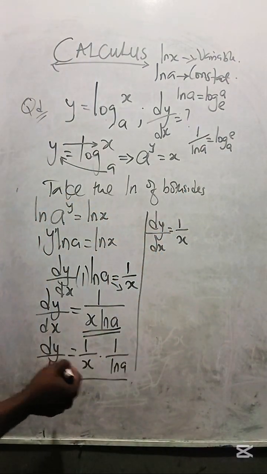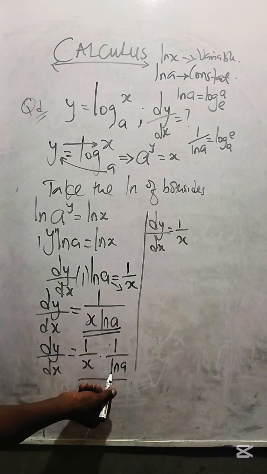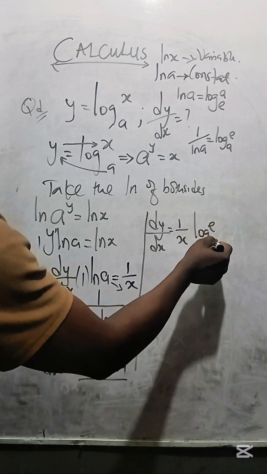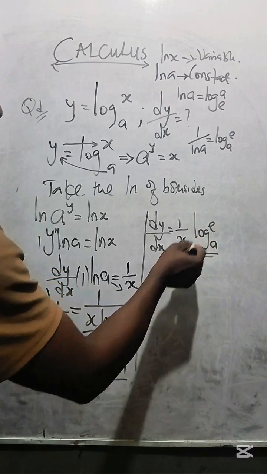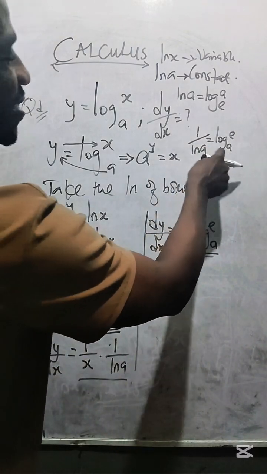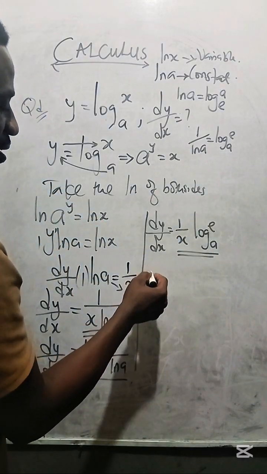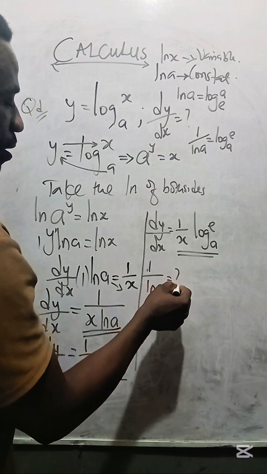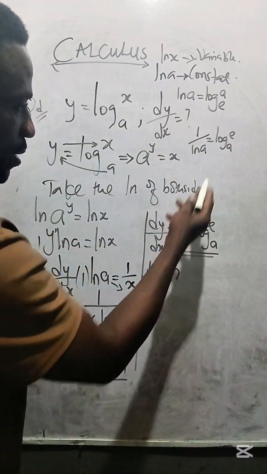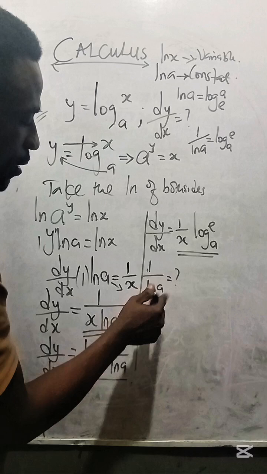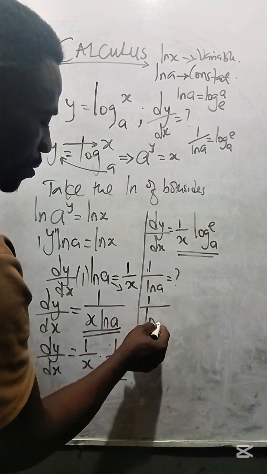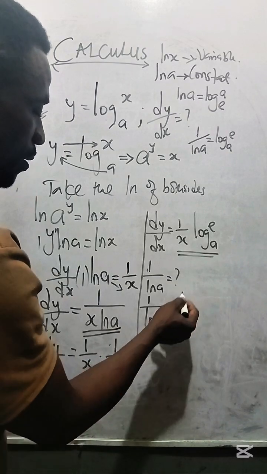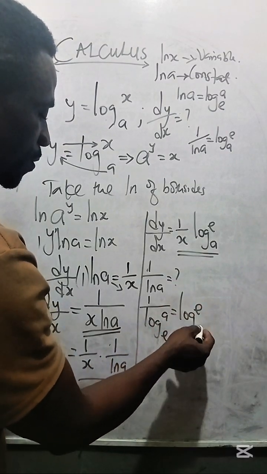So if that is the case, anywhere you see 1 over ln a, you replace it with what? Log e base a. I'm so sure you did not get what happened here. Let me show you the explanation of 1 over ln a. How come we have log e base a? Because we know that ln a is log a base e, equal to what? I'll say log e base a.